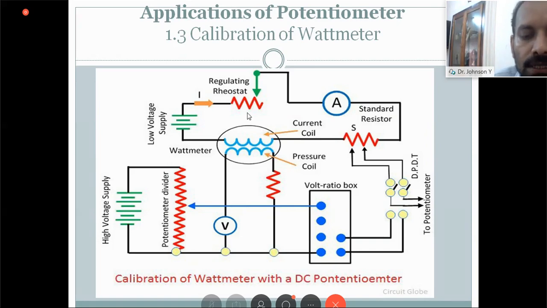In the wattmeter there is a current coil and voltage or pressure coil. In the current coil, we give a low voltage supply. There is a regulating rheostat, and there is a standard resistor here. We know the ammeter is connected here.